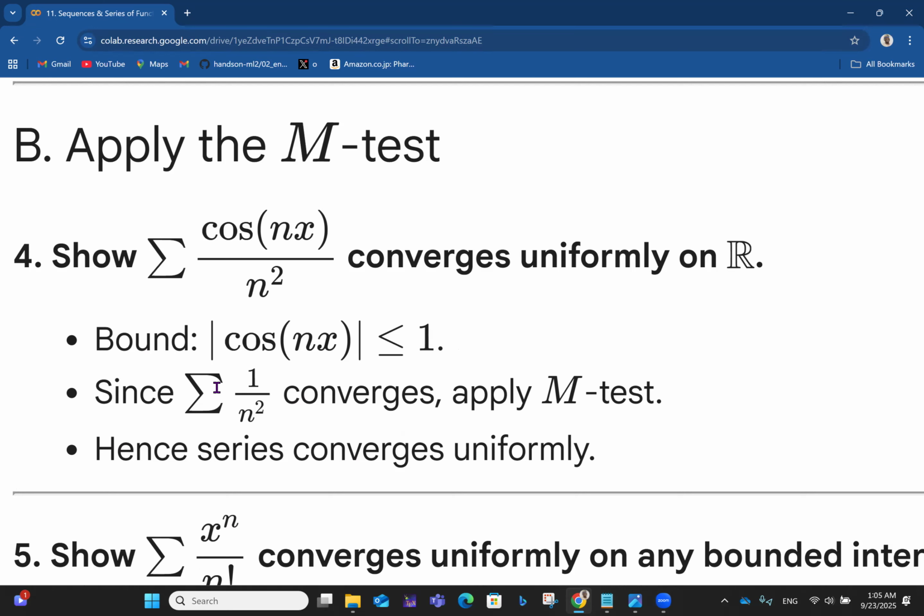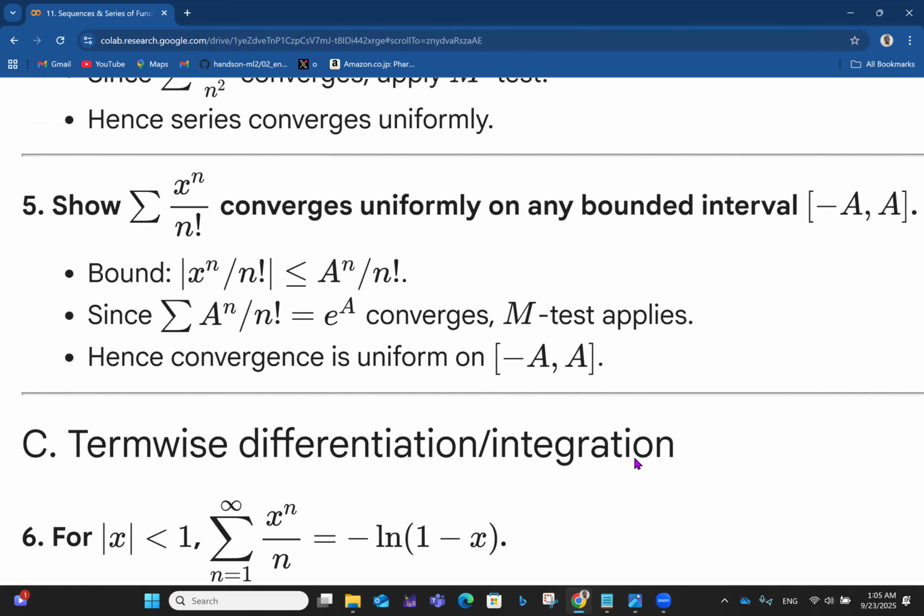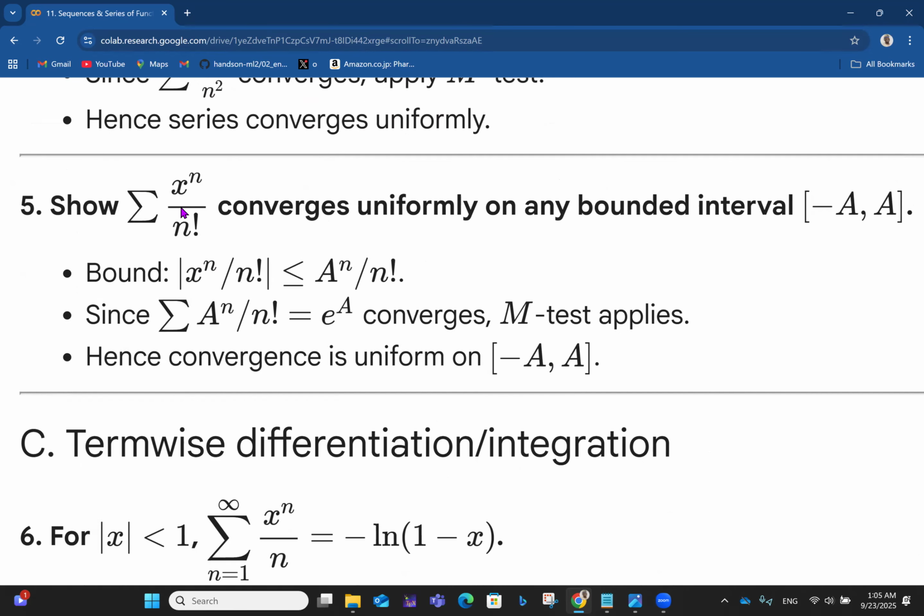Since the summation of 1 over n squared converges, as n increases 1 over n squared approaches 0, so you can apply the M-test. Hence, the series converges uniformly. Then we have: show the summation of x^n over n factorial converges uniformly on any bounded interval minus a to a.